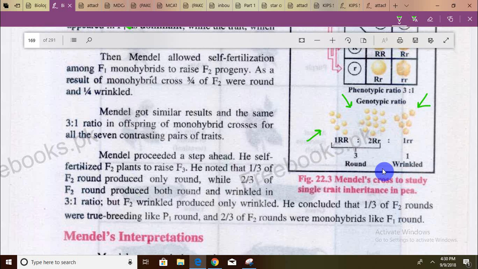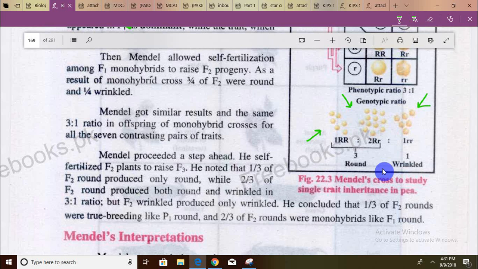So this is the ratio usually observed when you breed two heterozygotes. Produced round as well as wrinkled in 3 to 1 ratio. And all of F2 wrinkled produced only wrinkled. Now that was obvious.